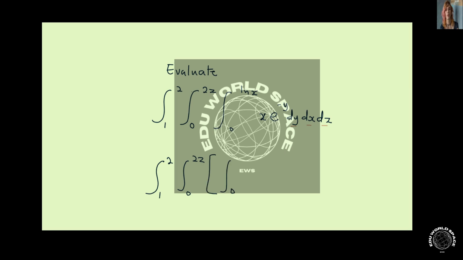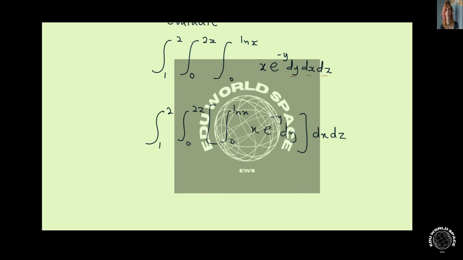So let's evaluate the innermost integral. We have x e to the power negative y dy. So by evaluating the innermost, we would have the integral from 1 to 2, integral from 0 to 2z.